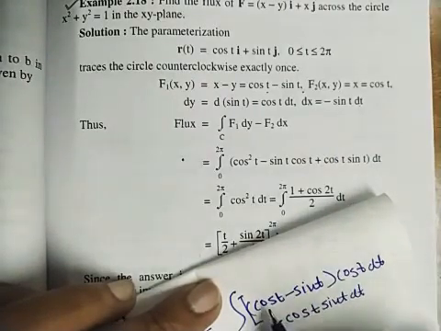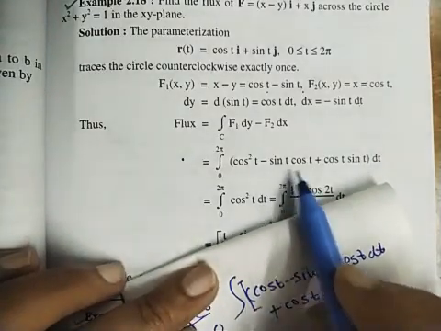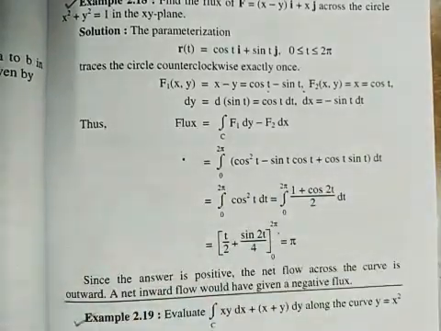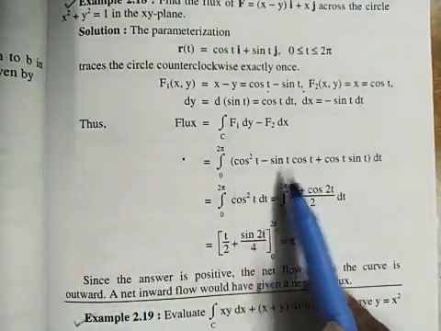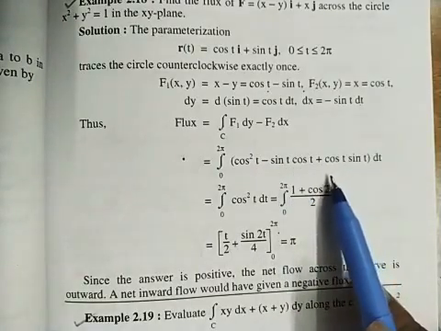So after multiplication, it will be cos square t minus sin t cos t plus cos t sin t dt. Okay, the minus sin t cos t plus sin t cos t will get cancelled.